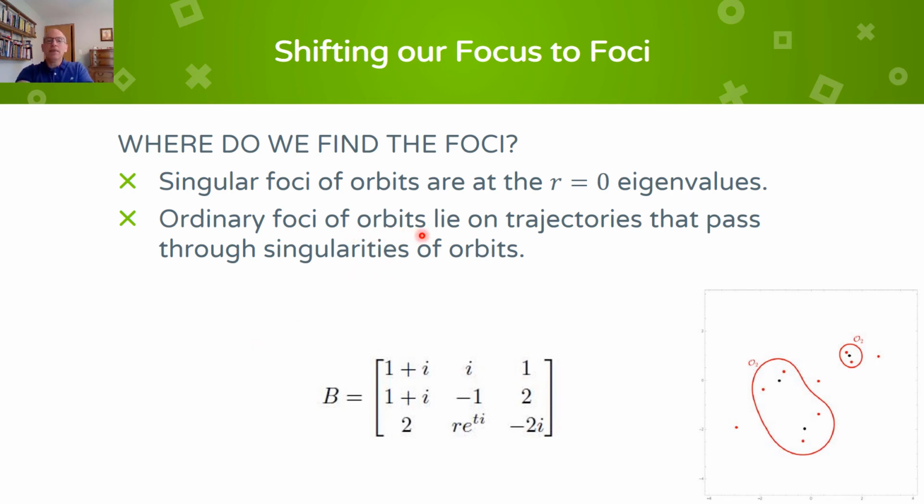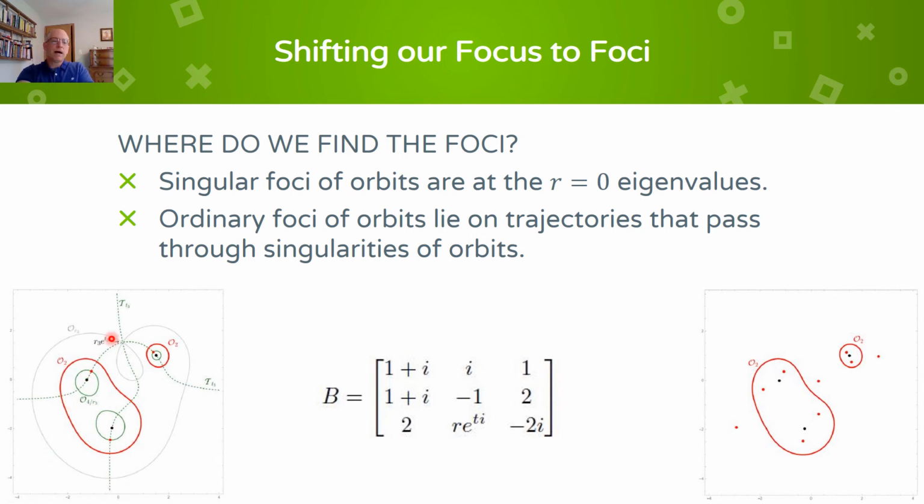Where are they? They lie on trajectories that pass through singularities of orbits. Here's an example. I drew an orbit. It looks a bit like a cardioid, but it has a little curve here and a singularity. Then I drew a trajectory through that singularity, and you'll notice that this trajectory passes through 3 of the red ordinary foci in that picture.